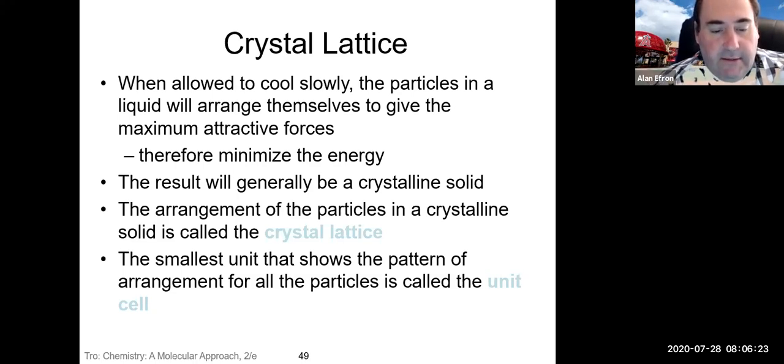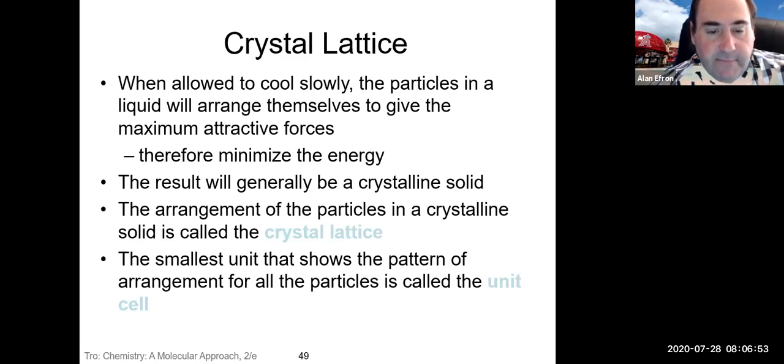Then we got into solids here at the end, and we're going to finish up this chapter talking about solids and a couple of aspects of solids. We're going to really focus on crystal lattices, or crystalline structures. Those are the solids that have pretty good long range order and very long range repeatable patterns of how they come together, and they form what's sometimes referred to as a crystal lattice.